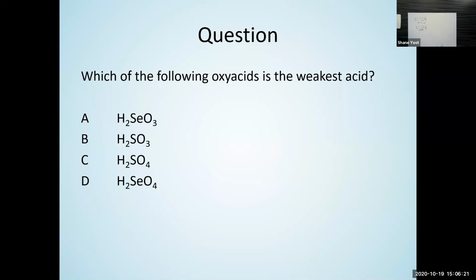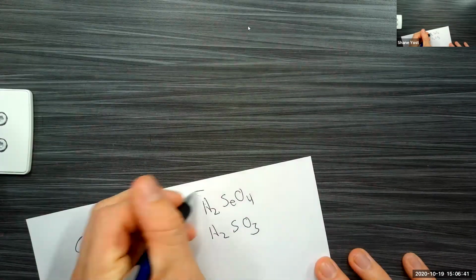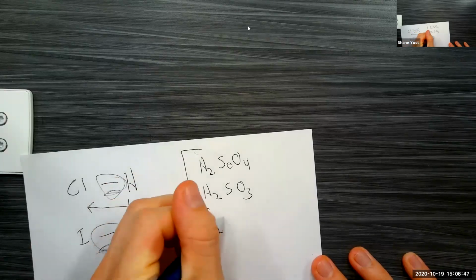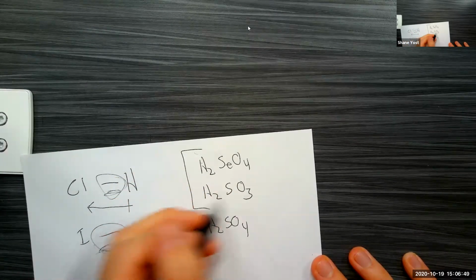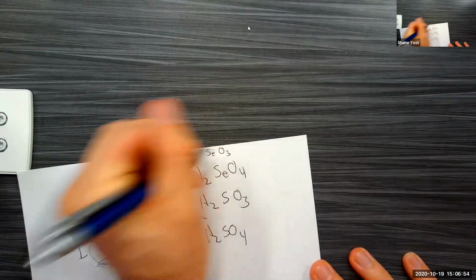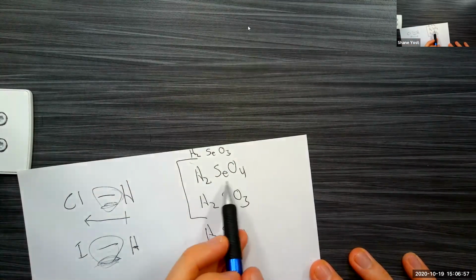But yeah, the question is, when you're listing these things and comparing, let me just write out H2SO3 versus H2SeO4. The main question is the relative strength of these two acids. Because we know H2SO4 is a stronger acid than H2SO3, and we know H2SeO3 is a weaker acid than H2SeO4.